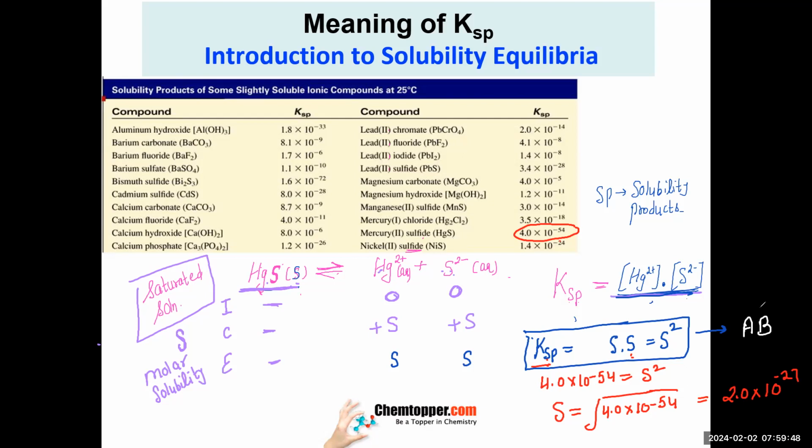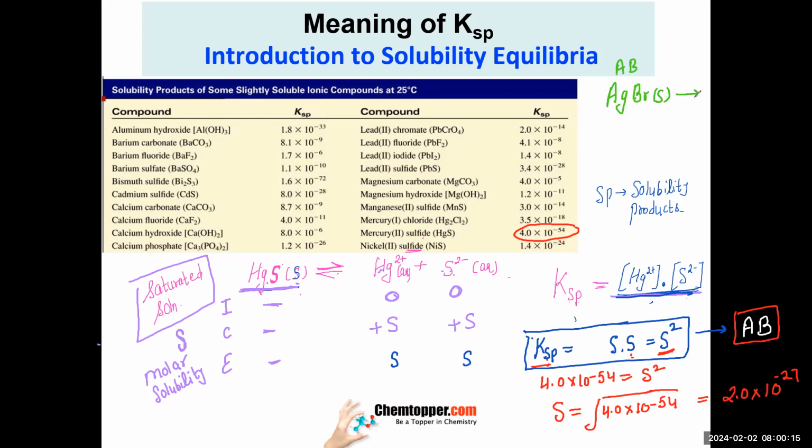Anil is asking what is AB. For all AB type of salts, the Ksp expression will be this only. Like for example, if I give you AgBr, solid, this is an AB type salt, 1:1.